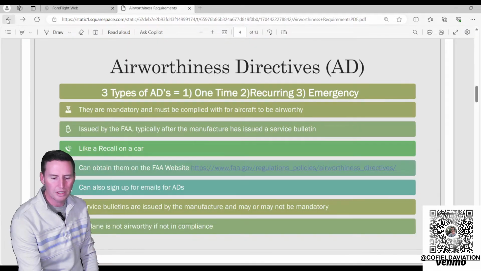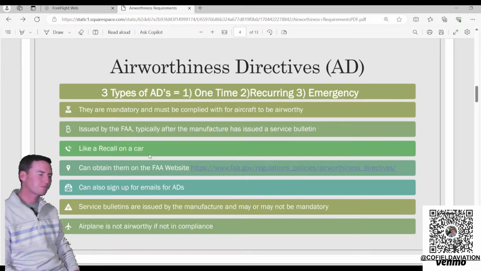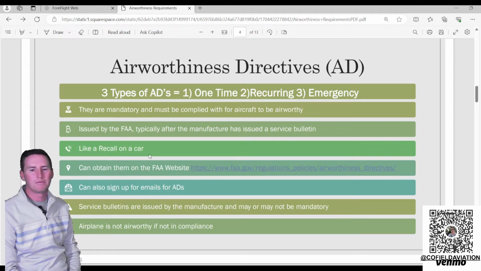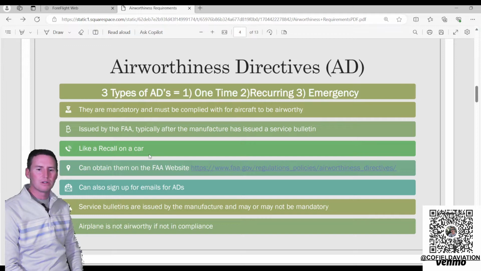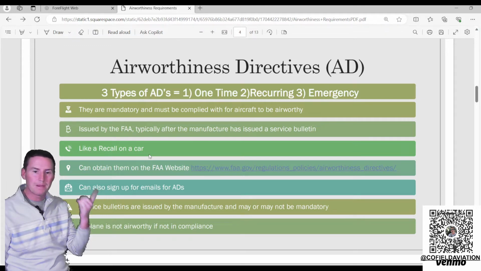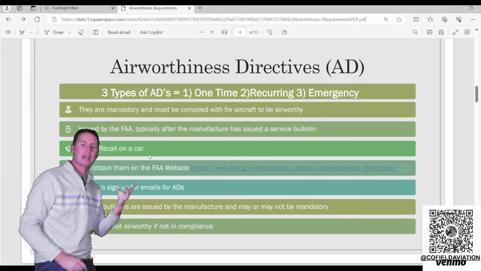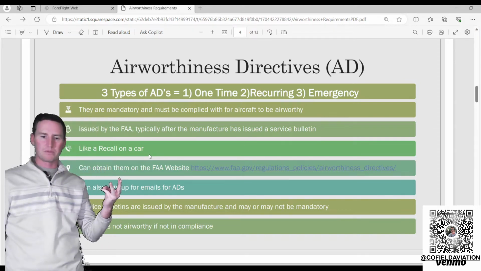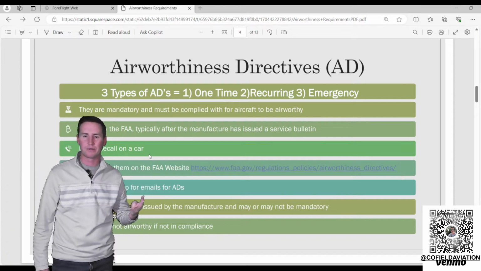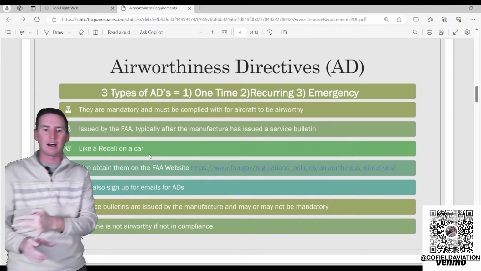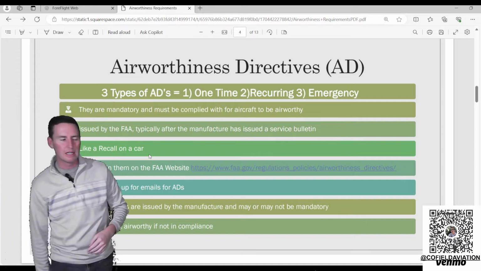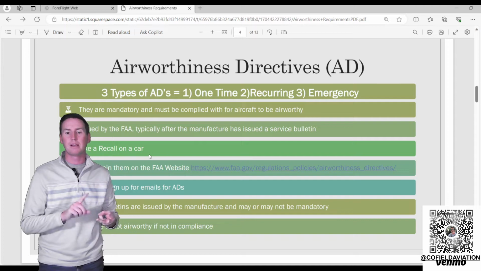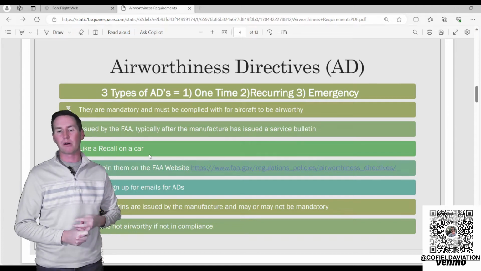Now, when you're looking up ADs, the airplane is basically composed of more or less 3 different components. So you have the airframe, you have the powerplant, and then you have the propeller. All right, and then some people will also say the last is appliances. So like all the other stuff in the airplane, avionics, or whatever. But the main components are the propeller, the airframe, and the powerplant.